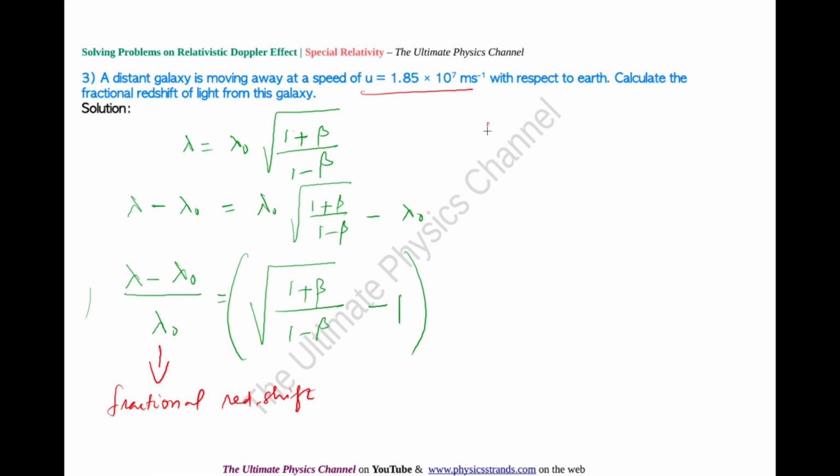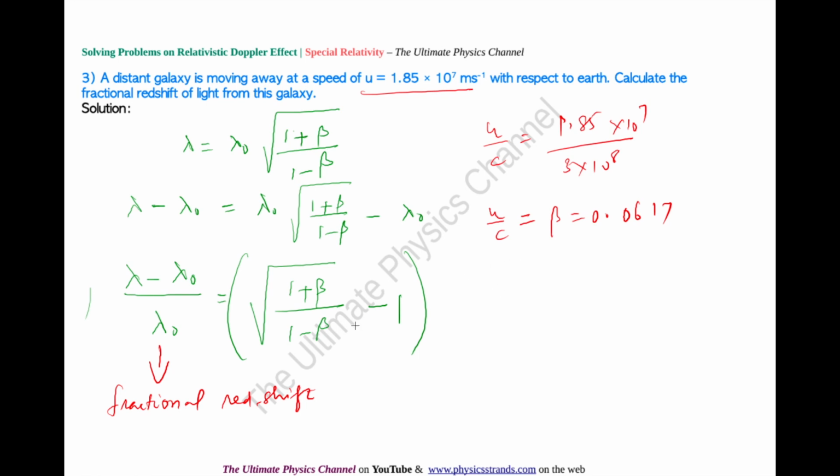So U over C is 1.85 into 10 power 7 over C, which is 3 into 10 power 8. If you work out, this turns out to be beta, which is equal to 0.0617.